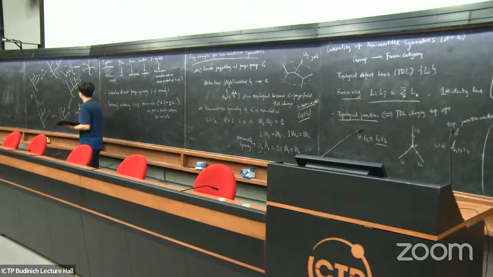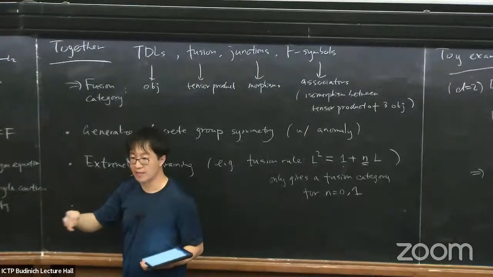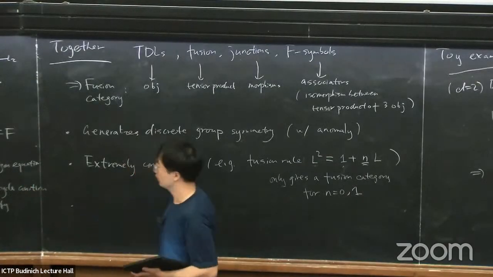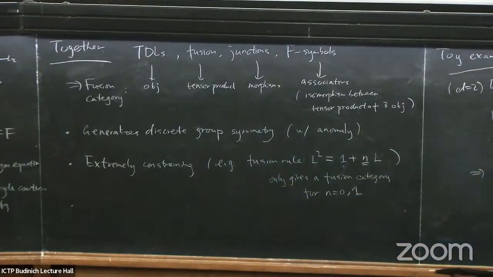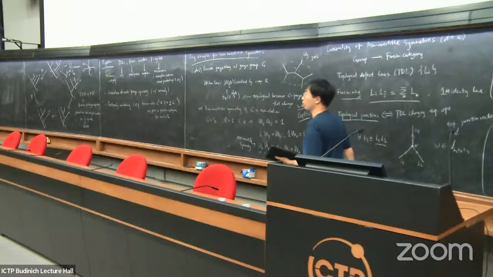So the phase coming from the F move for the group symmetry case is subject to ambiguities coming from the exact cocycles, and the physical origin of that is the redefinition of the point-like operators. Okay.